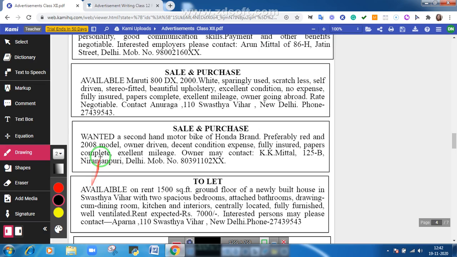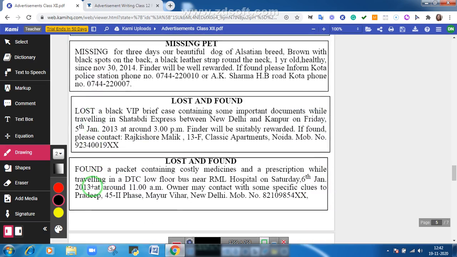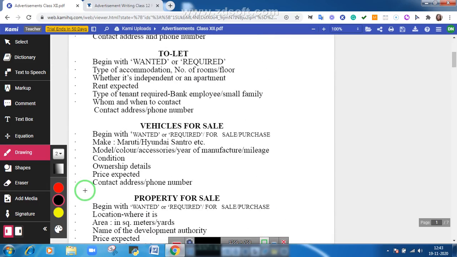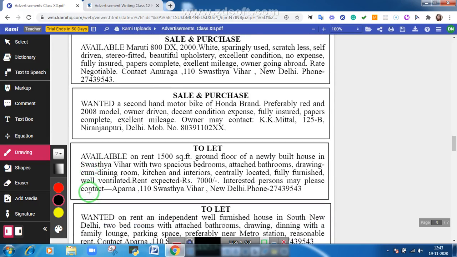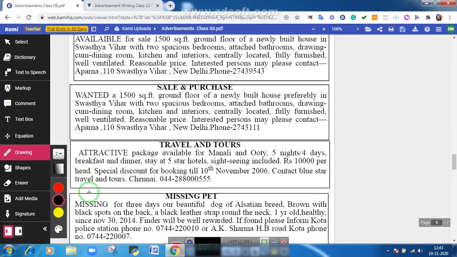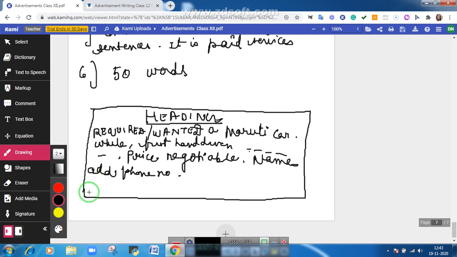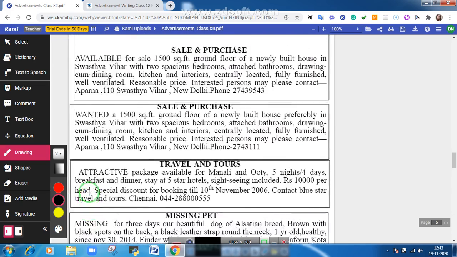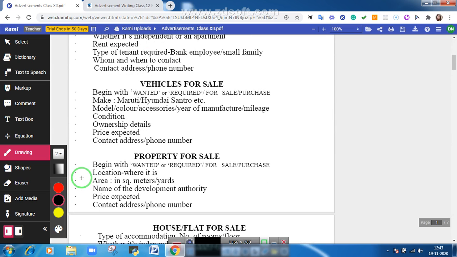See, in every advertisement, the first word I have written is in capital letters. Mostly what you are going to get is sale, purchase, rent, to let, travels and tours, not much, and for salary, vacancies and all. Okay, so this is what you have to learn. This is how the advertisements are written.